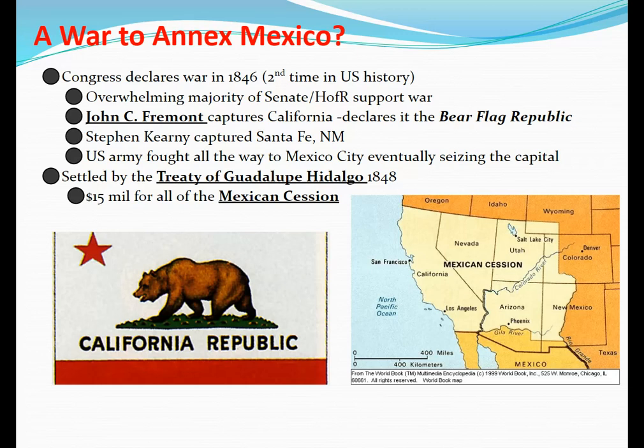So if you've ever wondered why the state flag of California looks the way it does, that's because that's what John C. Fremont, who was an interesting figure, decided to call it. Stephen Kearny will continue spreading further south. Ultimately, what will become New Mexico and Arizona will be the land that he will be instrumental in capturing during the course of the war.